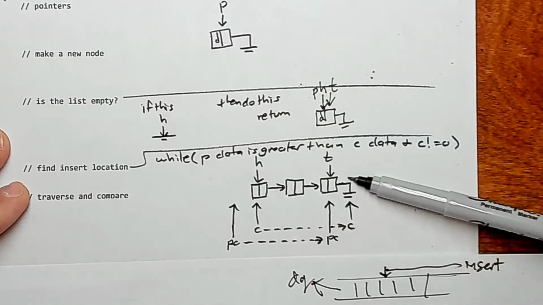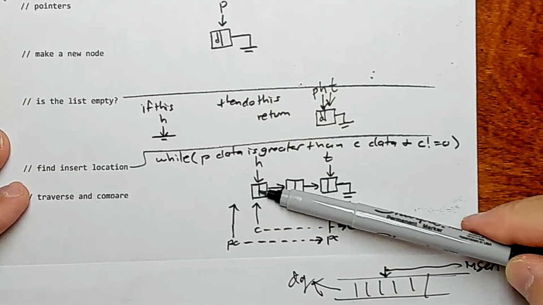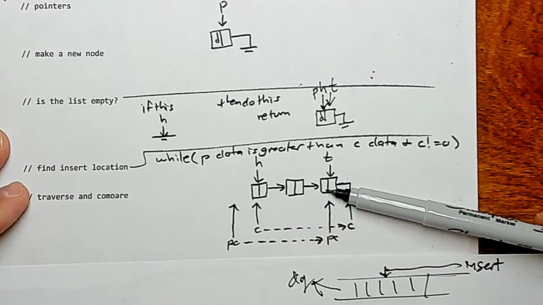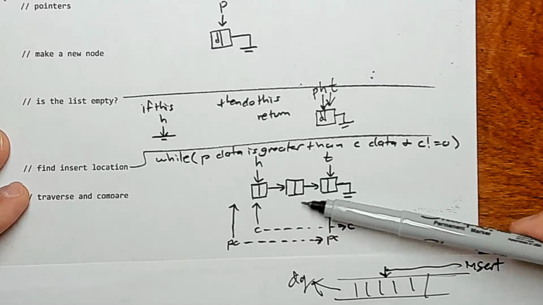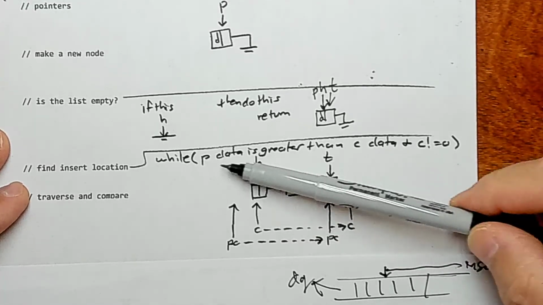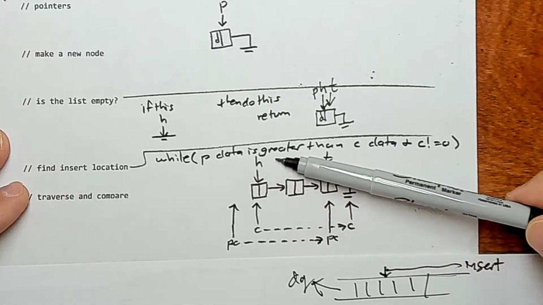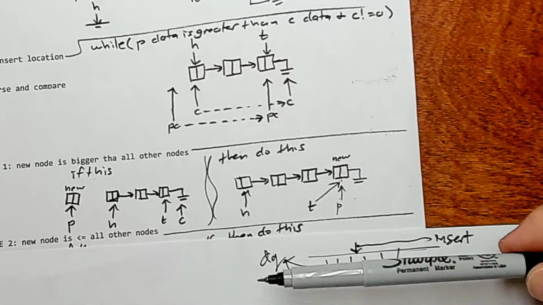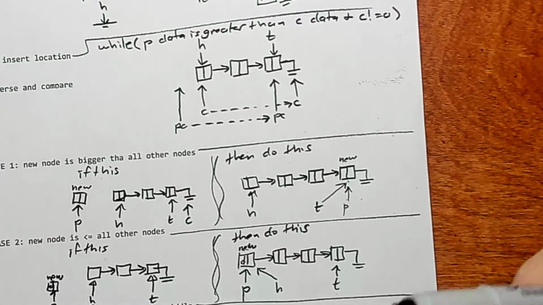Because these will be sorted, assuming you only put data in here with insert, then these will remain sorted the whole time, because insert works in sorted order. So you just walk P down while it's greater than C, and this will stop at a location. And there's 3 cases where this will stop.